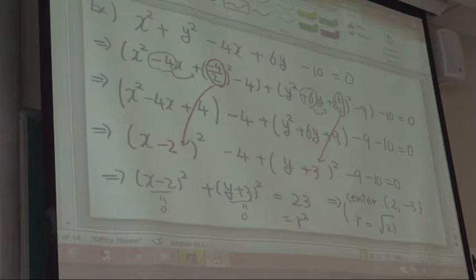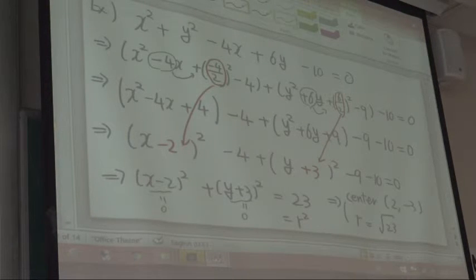So how did you get that negative 2 from negative 4 over 2, right? Yeah, I took out the other number because I only need a plus 4 to complete the square. So I want to group that, but just take out the negative 4.